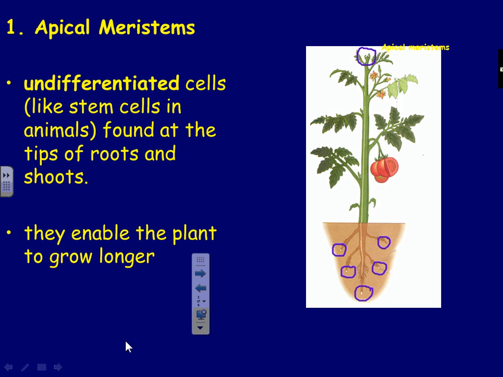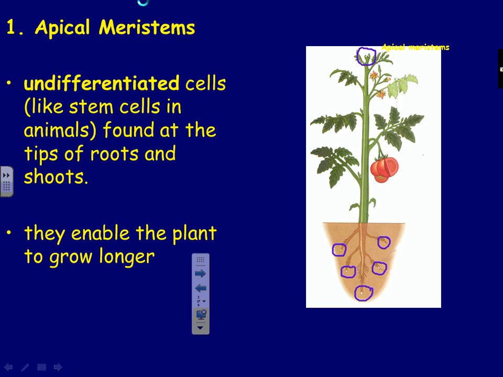Meristems do result in growth. The plant expands and it searches out under the ground more places for water. It expands up top in order to grow, et cetera. Stem cells, they don't do that. They're replacing cells as opposed to growing. They enable the plant to grow longer. Good to go?